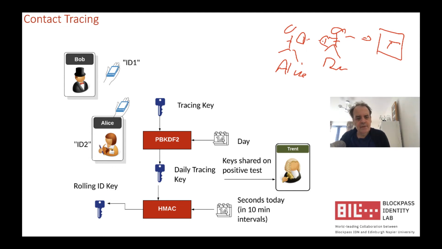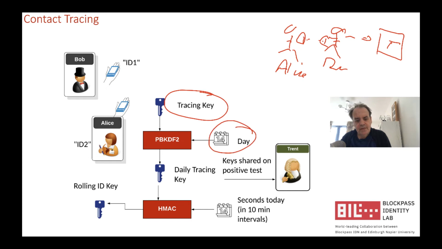Okay, so basically what we have is a tracking key. It's a 256-bit random key. So it will be almost impossible to reverse that tracing key because it is a completely random value.